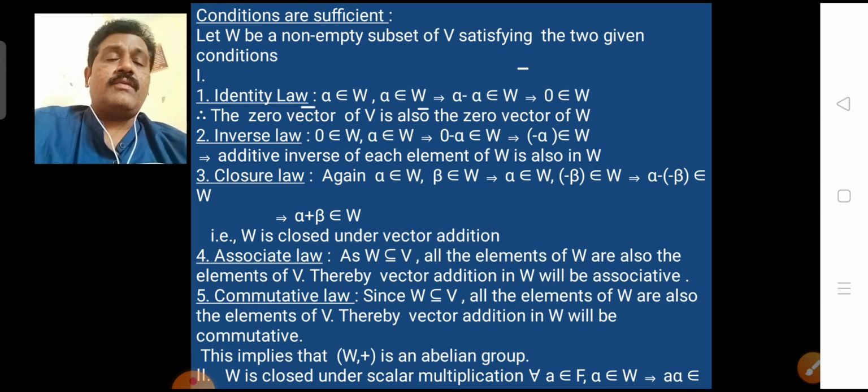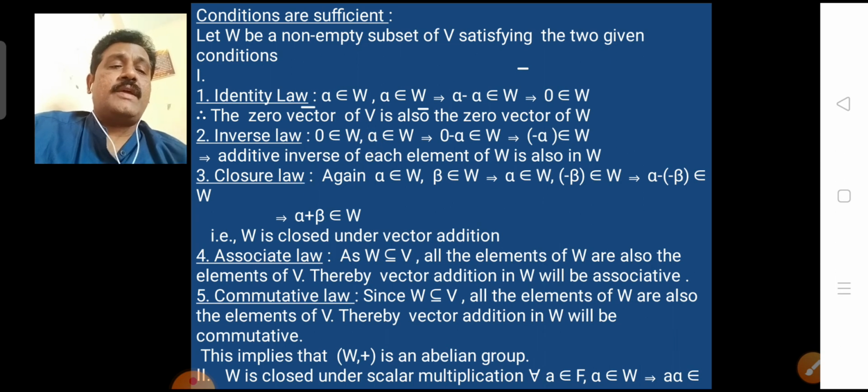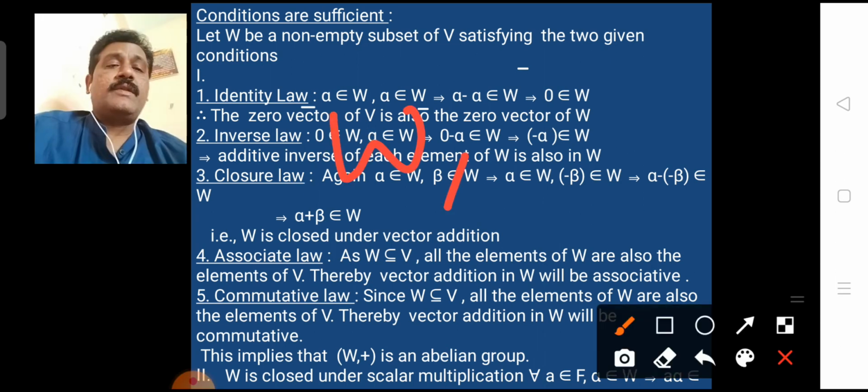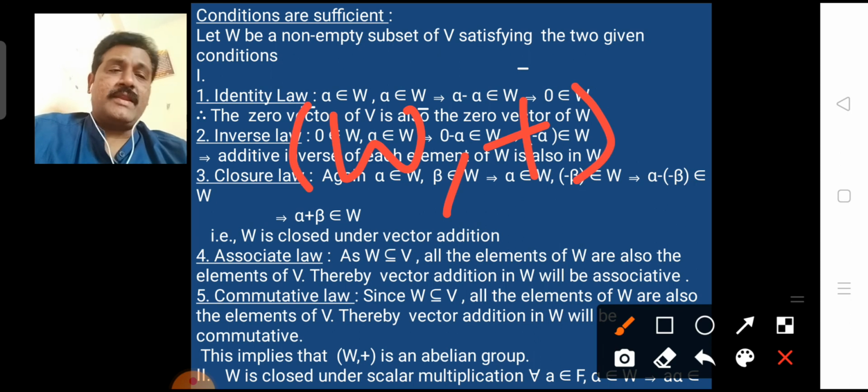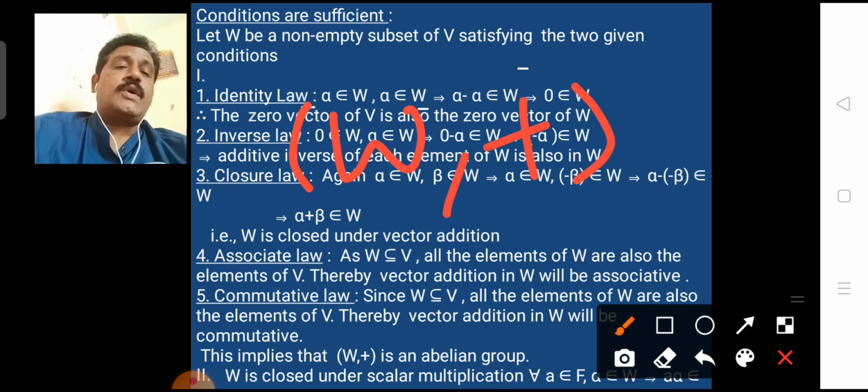In one, we have to prove (W, +) is an abelian group. So, in the definition of abelian group, we have to prove 5 laws. One is closure law, associative law, identity law, inverse law, and finally commutative law.